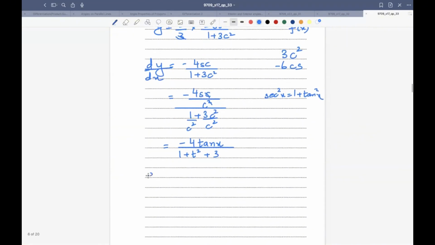So the final answer in terms of tan is dy/dx equals minus 4 tan x upon 1 plus 3, which is 4, plus tan squared of x.